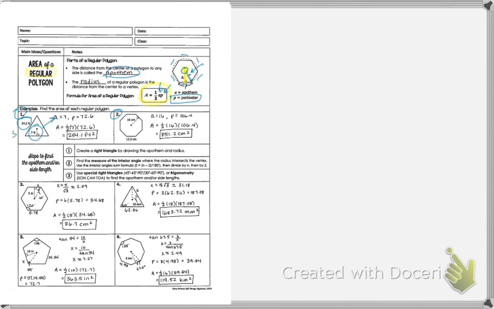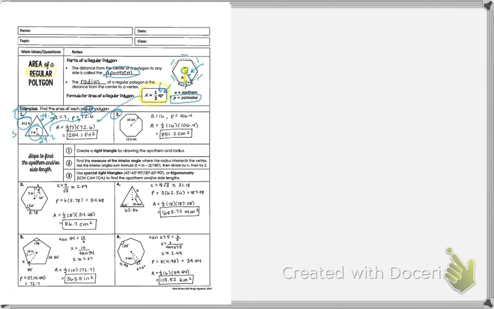Because it's a regular polygon, I know all the sides are 24.2. So all I've got to do is add those 3 up, and you get 72.6. The rest is simply using the formula.